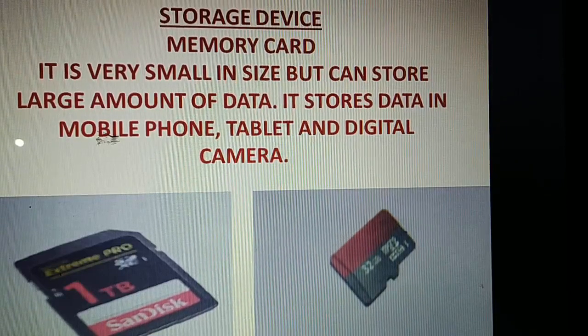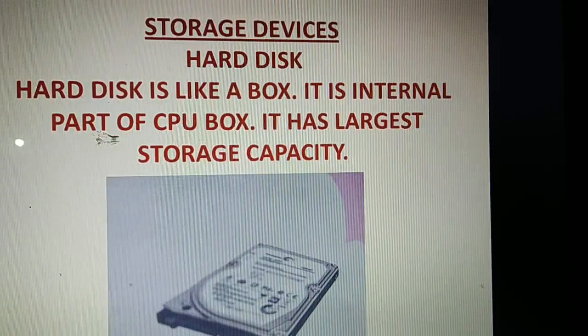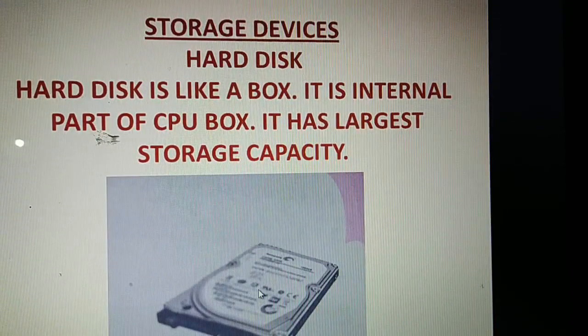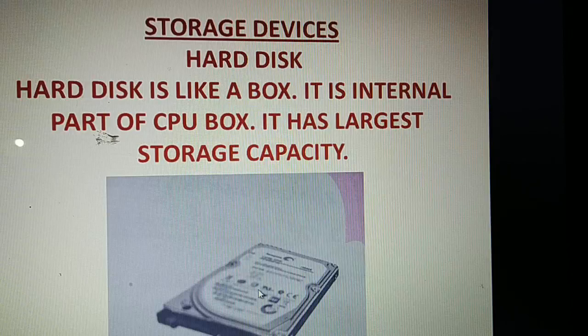Next is hard disk. Hard disk is just like a small box. You can see this picture. It is an internal part of the CPU box. We don't detach it from the CPU box. It has the largest storage capacity. Remember this.